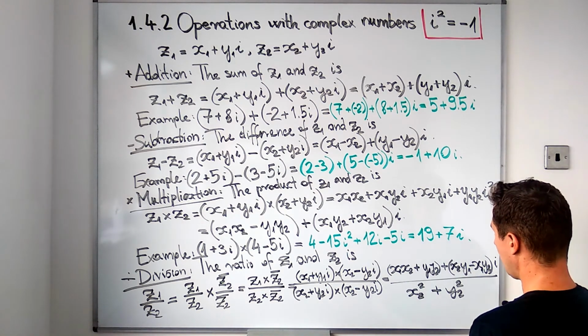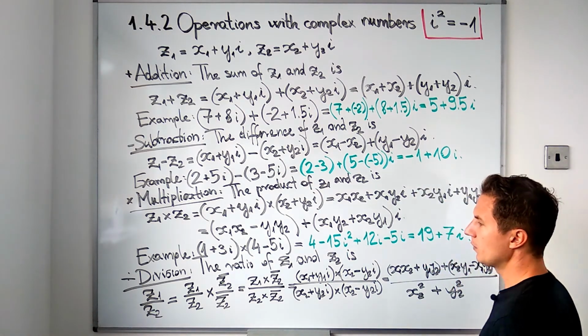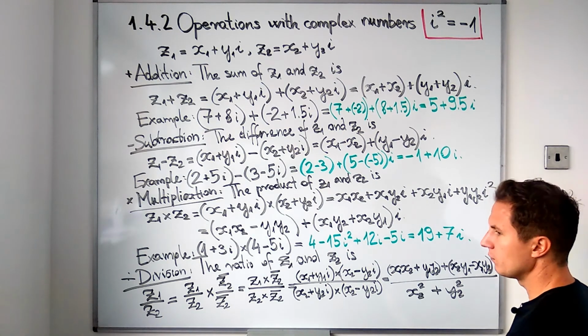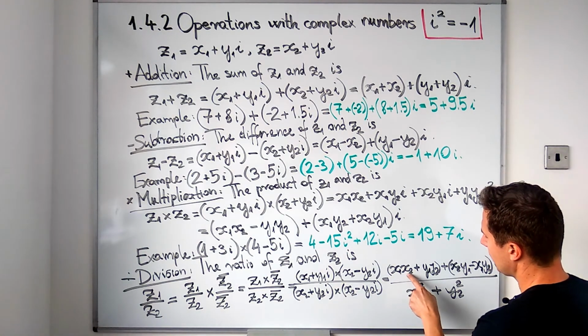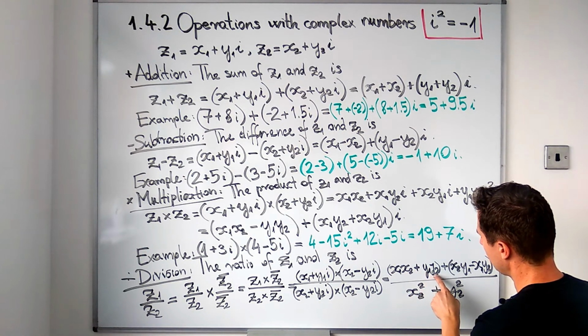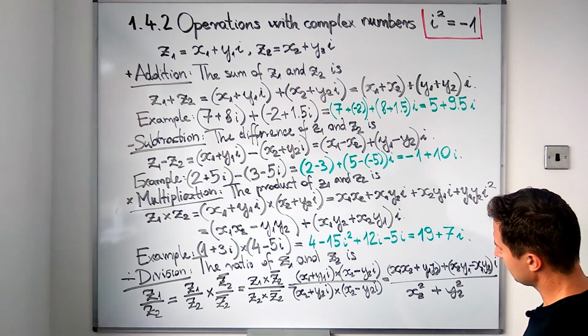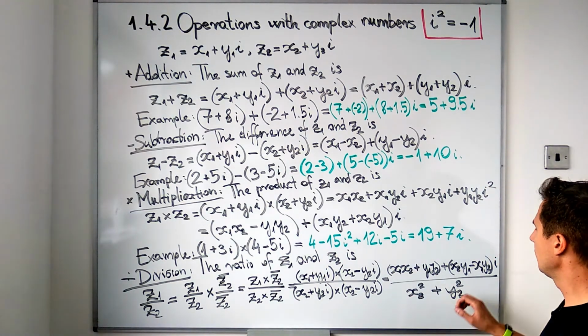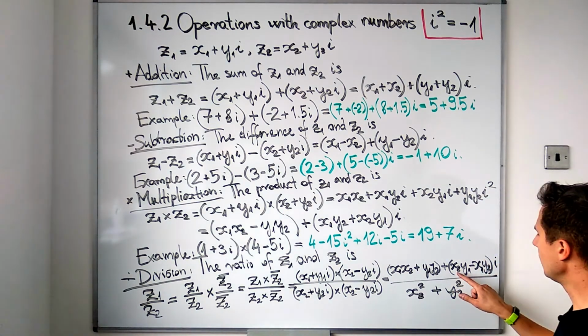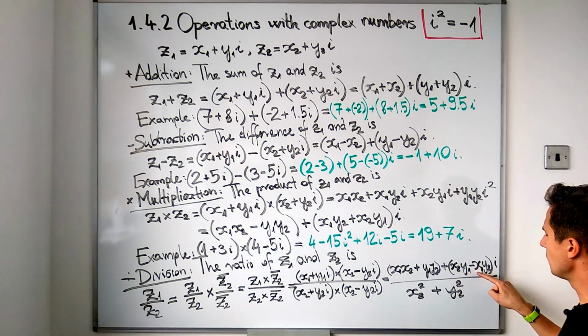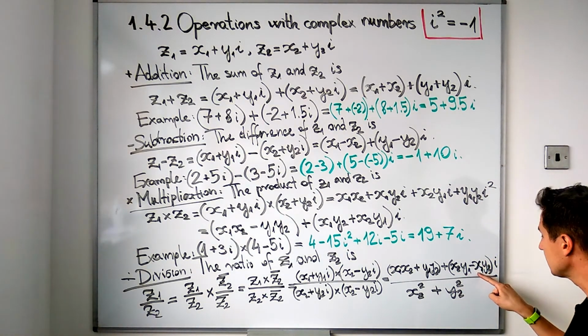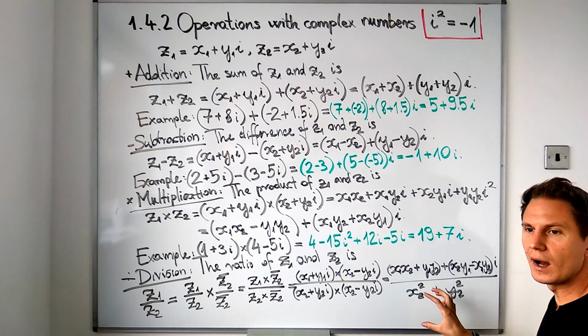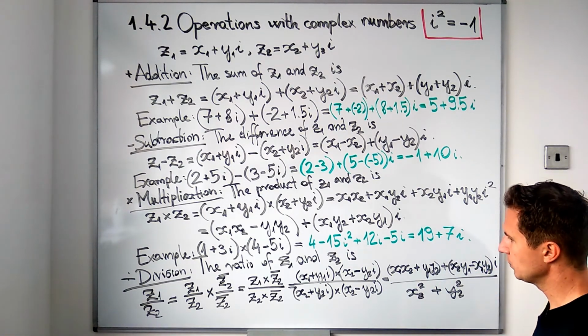We know how to divide by a real number, so the ratio will have the real part x1 times x2 plus y1 times y2 divided by x2 squared plus y2 squared, and the imaginary part of the ratio will be x2 times y1 minus x1 times y2 divided by x2 squared plus y2 squared.